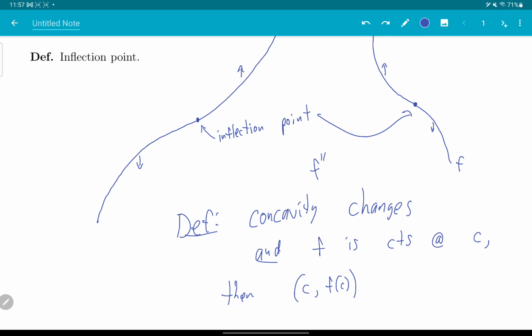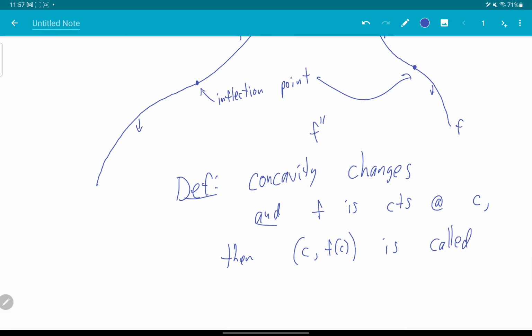For an inflection point, we have x and y. So if we have this happening, then (C, f of C) is called an inflection point. The short form is IP.